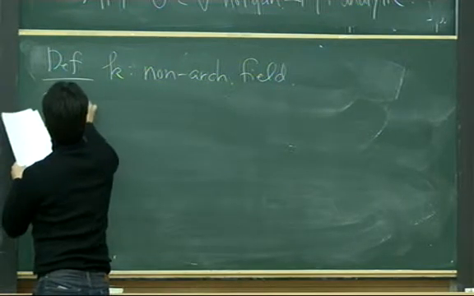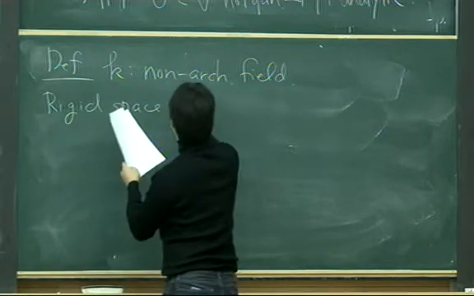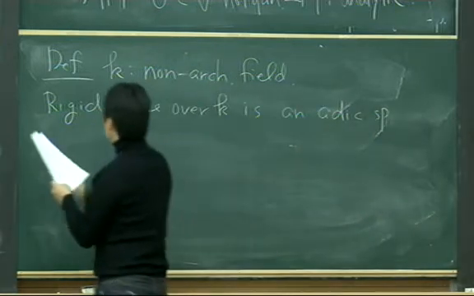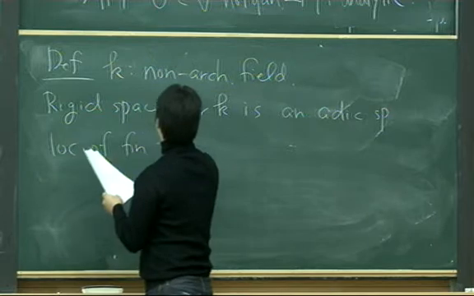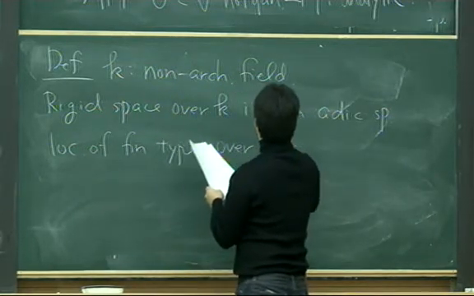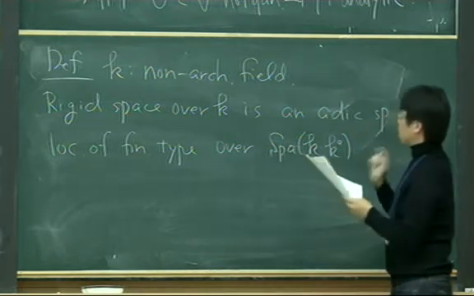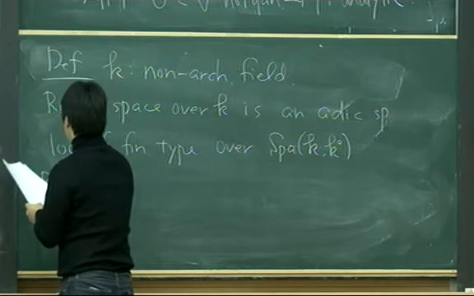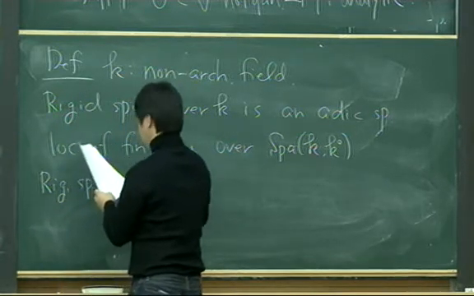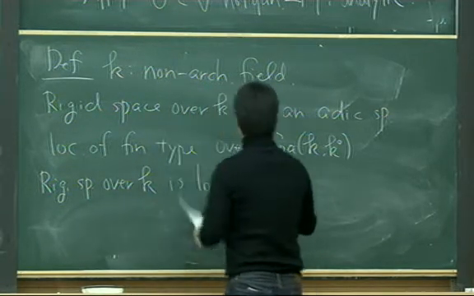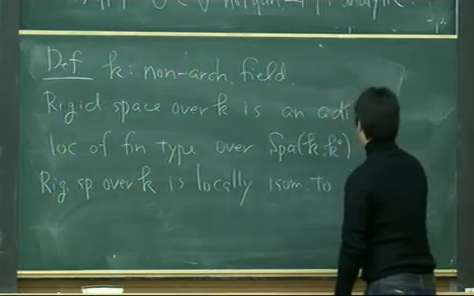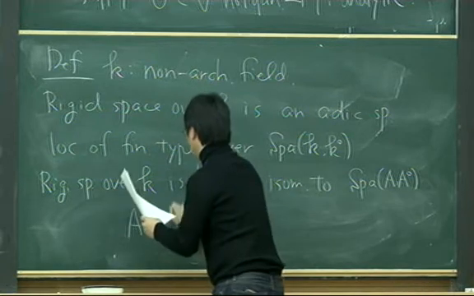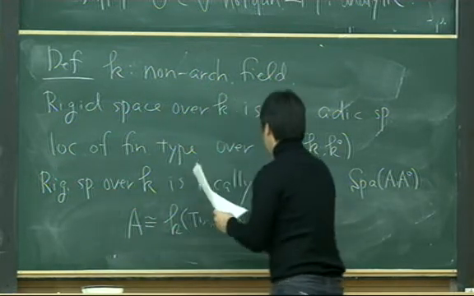A rigid space over K is an adic space which is locally of finite type over Spa(K, K°), where K° is the valuation ring of K. And it is known that a rigid space over K is locally isomorphic to Spa(A, A°), where A is the quotient of the convergent power series ring by some ideal.